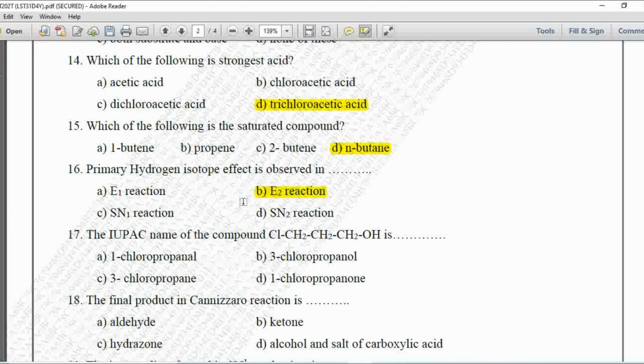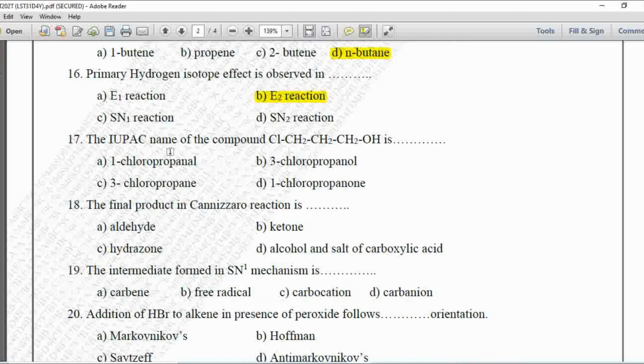Next 17. The IUPAC name of the compound Cl-CH2-CH2-CH2-OH is: as you know, a hydroxyl group is present, that means it is an alcohol. So option A is 1-chloropropanal, B is 3-chloropropanol, C is 3-chloropropane, and D is 1-chloropropanone. Here, 'al' means it is an aldehyde compound, so this is the wrong option. Here, 3-chloropropanol: 'ol' is given, that means it is an alcoholic compound.